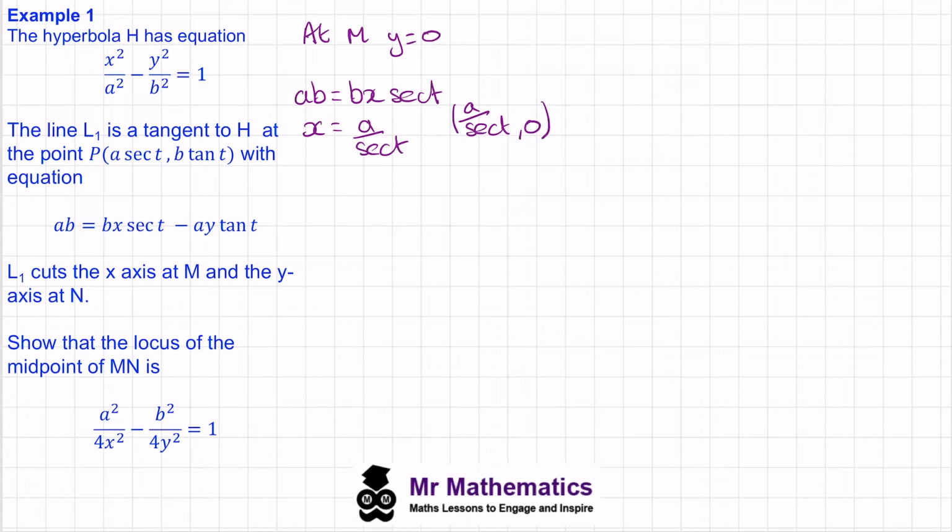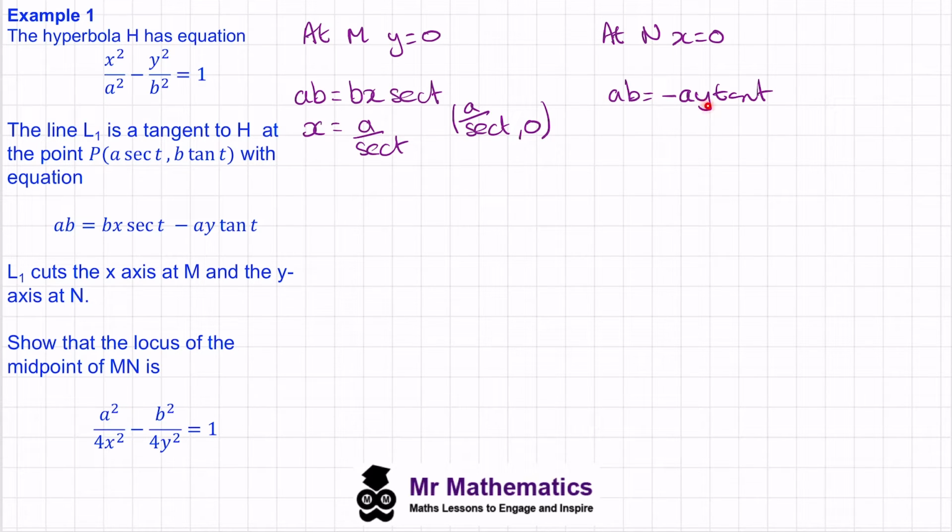And we can do the same thing at point N. At N, x equals 0. So now we can put 0 into here, b sec t will become 0, so we have ab equals negative ay tan t.